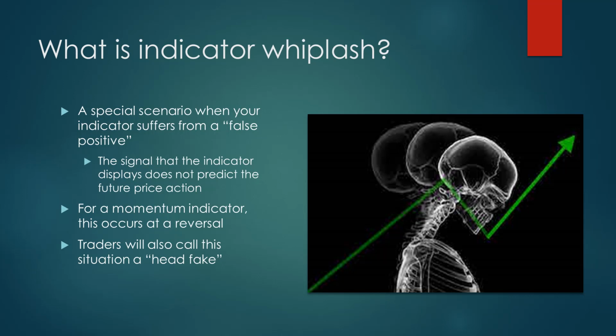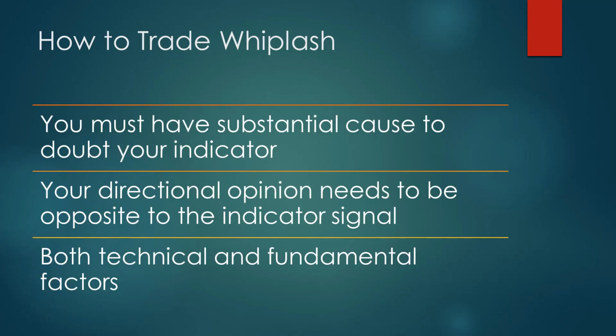So for a momentum indicator, it looks healthy and like there's some momentum, but in fact, precisely at the moment when the indicator flashed the signal, that's when the price action turns around. And likewise for a reversal indicator, this might be a situation where the trend simply continues and goes past the support or resistance. So traders often call this type of situation a head fake.